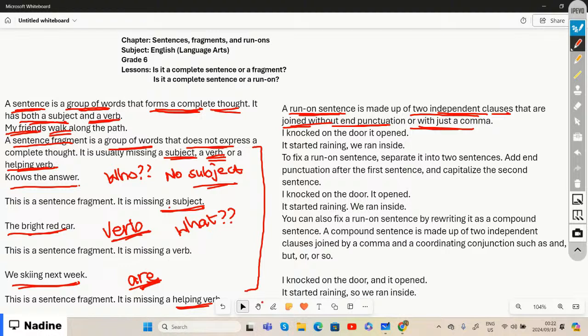So we're going to look at examples of run-on sentences, and we're also going to look at a way in which we can fix a run-on sentence.